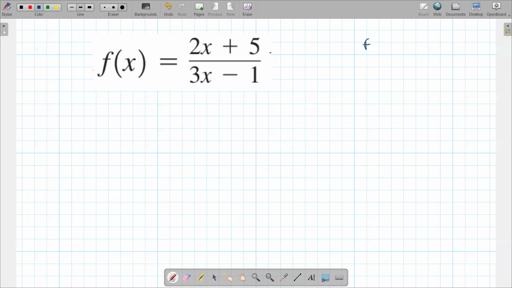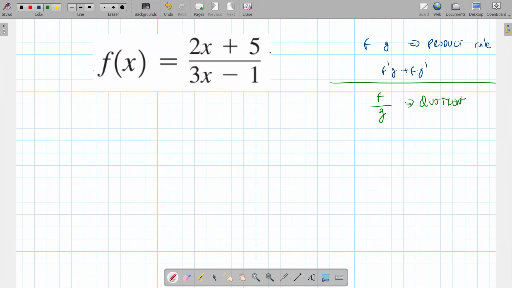If you have something multiplied by something, this is a case of product rule, which says f prime g plus f g prime. If you have something over the other, as we do in this case, this is called the quotient rule. What's the formula for the quotient rule? It's very similar to the product rule, except the plus becomes a minus.